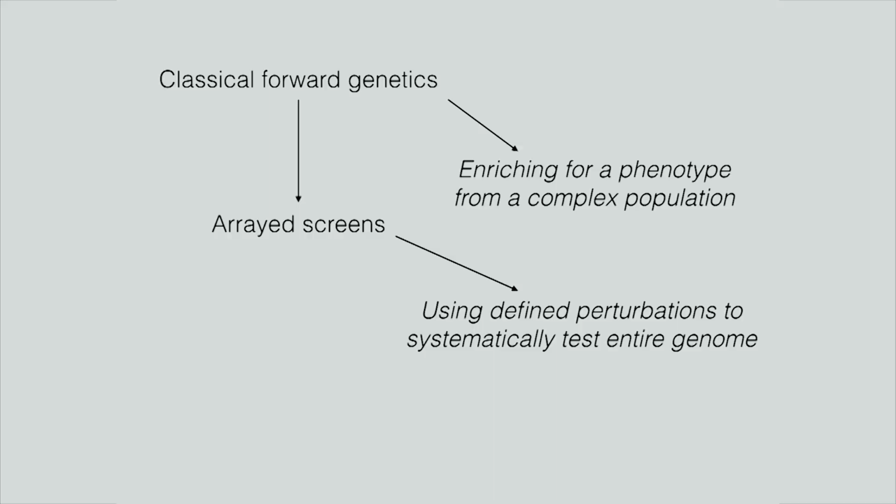Arrayed screens, you have systematic defined perturbations, so it is very easy to then say, this is the genotype that caused my phenotype. And so these two concepts together is where we have pooled screens, where we have one pool, but using next-gen sequencing technology and a few other enabling technologies, you can really, in one pool, do the whole genome and do it in a systematic way where you know that each gene is going to be tested.